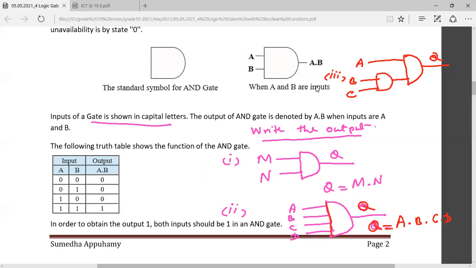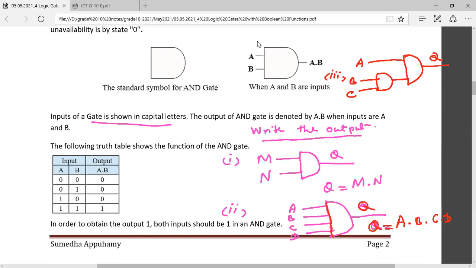AND gate. So what will happen? Yes, Q is equal to A dot B dot C.